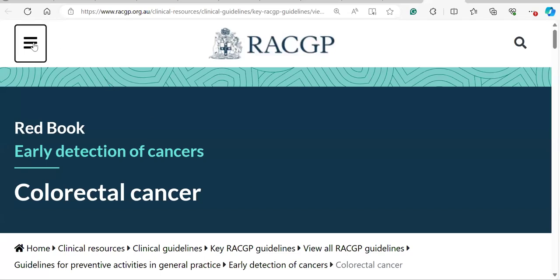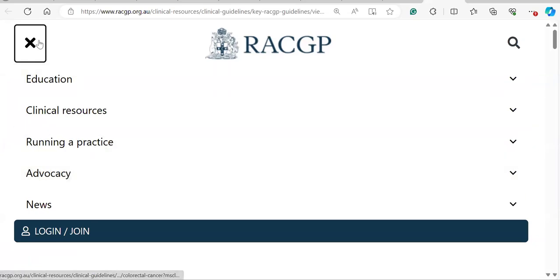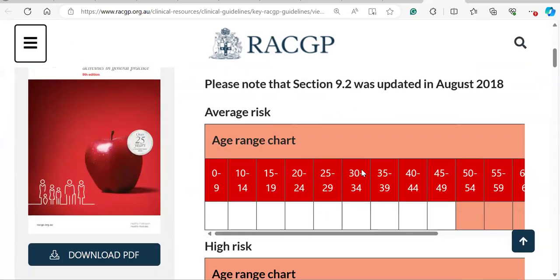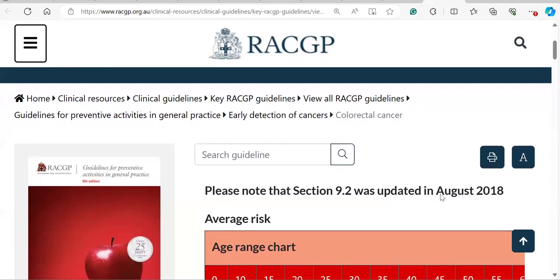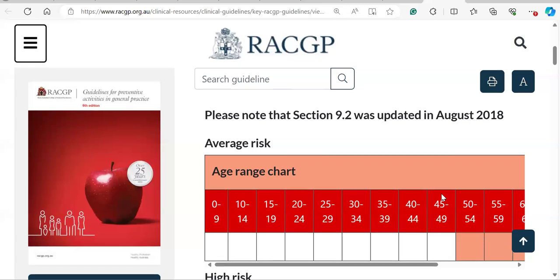Not all the screening comes in exam, but the important ones are especially colon cancer, then breast cancer, prostate cancer. These three screenings are a must for your exam: colon, breast, and prostate. Apart from that, you should also read a little bit about ovarian cancer. You should also read a little bit about diabetes screening.